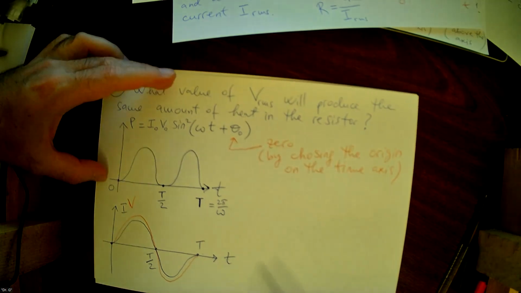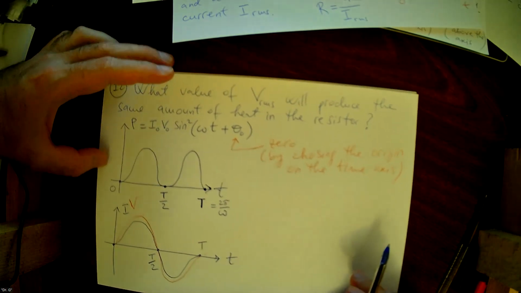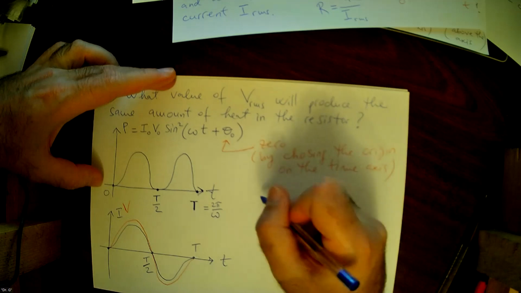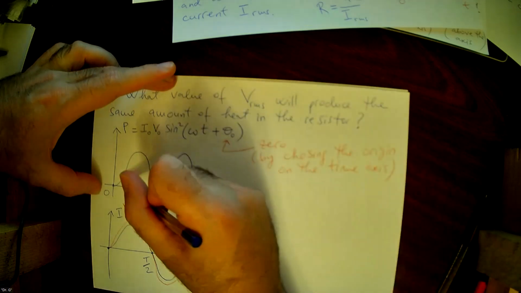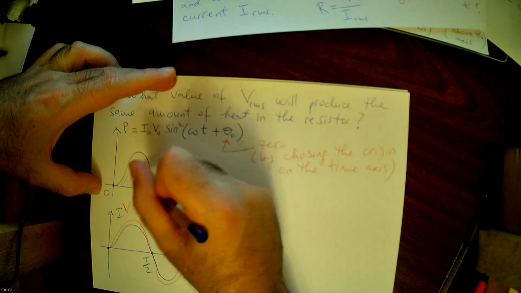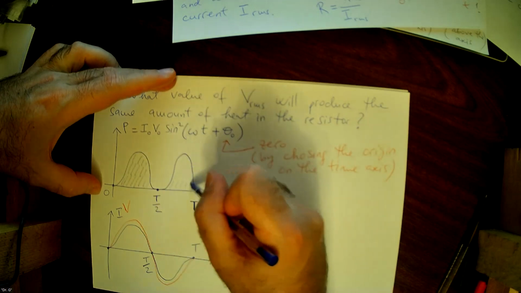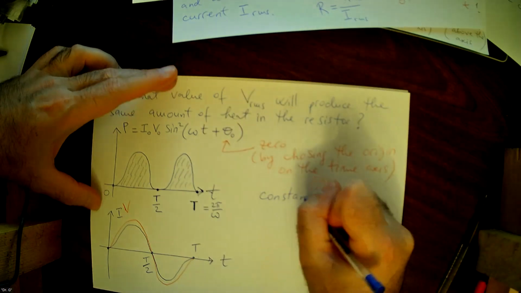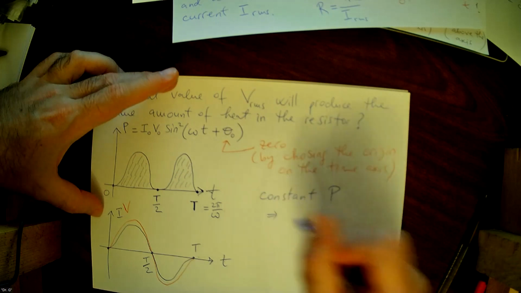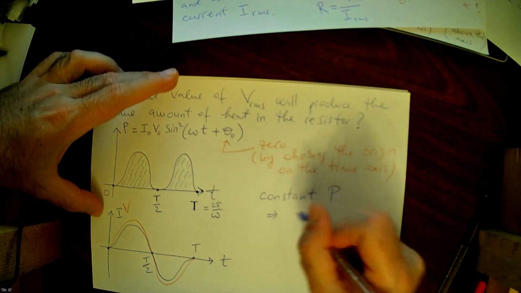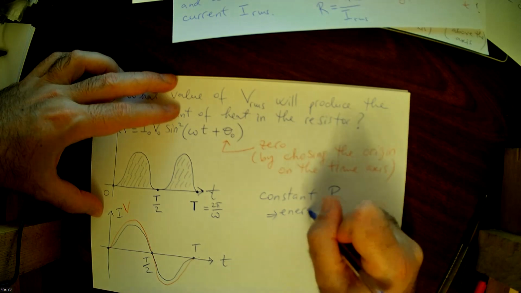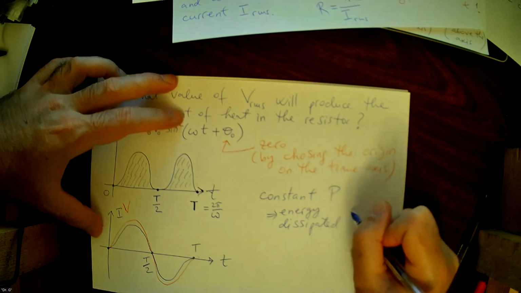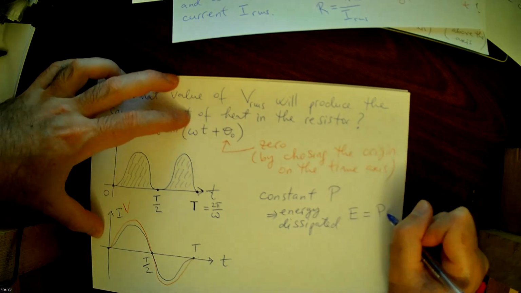And what is the heat produced? What's the electric energy dissipated? Well, the area here is the electric energy dissipated. For constant power, the energy dissipated E is equal to power times time.